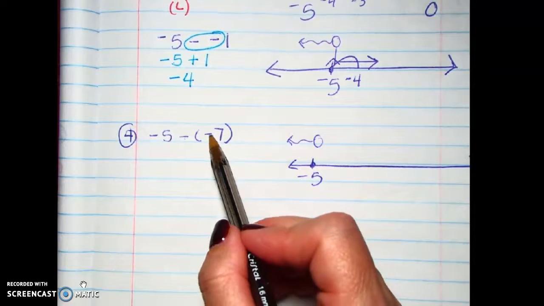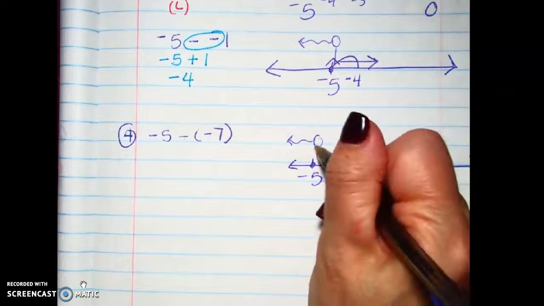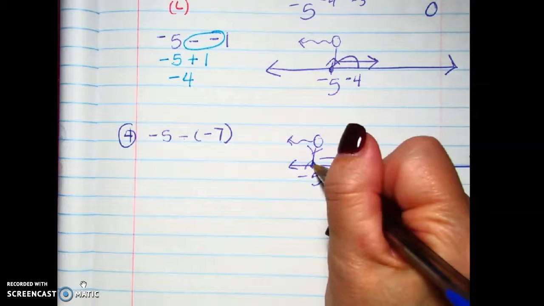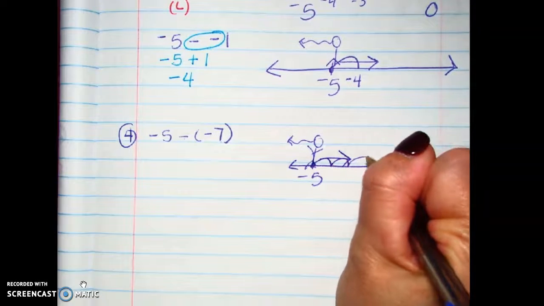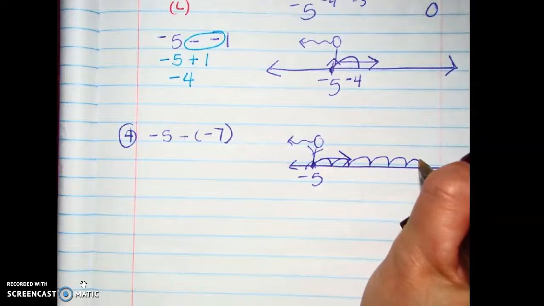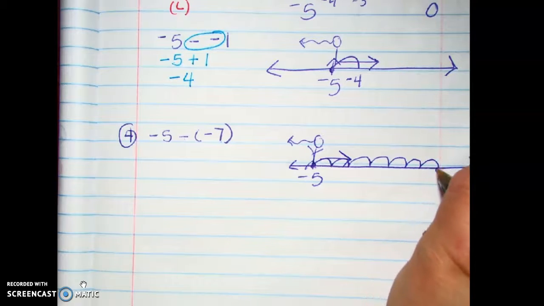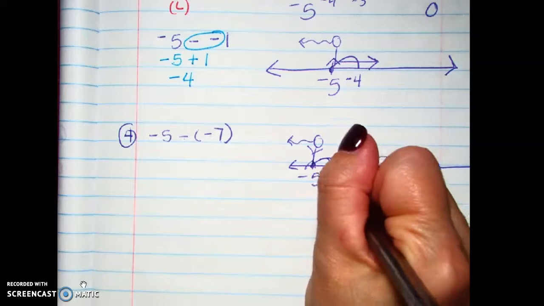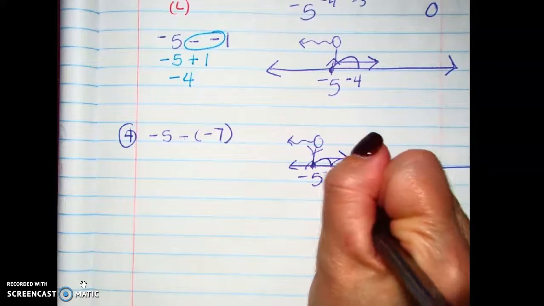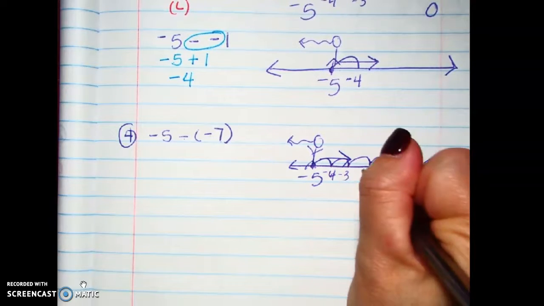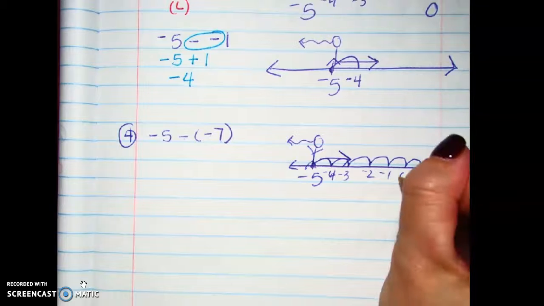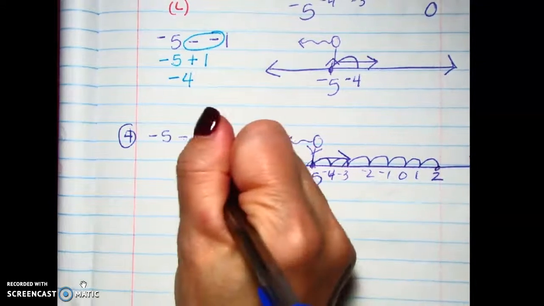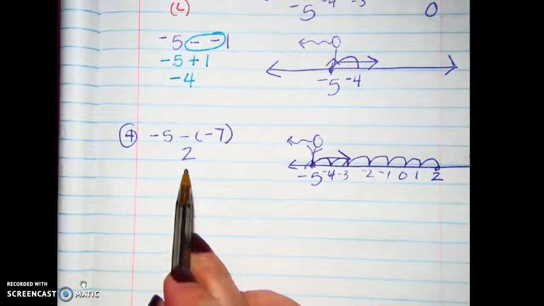But then I have a negative number, which means I have to walk backwards. How many spaces? 7. 1, 2, 3, 4, 5, 6, 7. So let's see, what do I end up with? So I end up with -4, -3, -2, -1, 0, 1, and 2. So actually it is a positive.